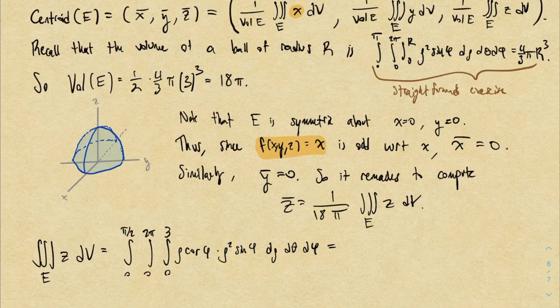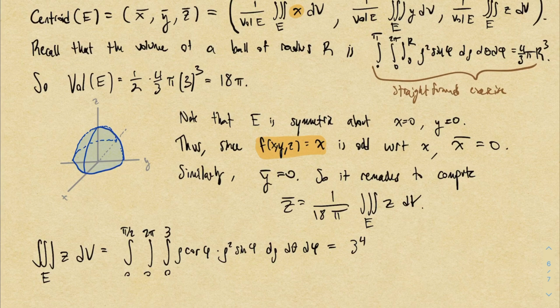So integrating that gives me rho to the fourth over 4. So when I plug in 3 and 0, I'm just left with a factor of 3 to the fourth over 4. And if your eyes haven't glazed over, you'll notice that I forgot to divide by 4. Don't panic, I'll catch it eventually. But for now, there should be a divided by 4 there.